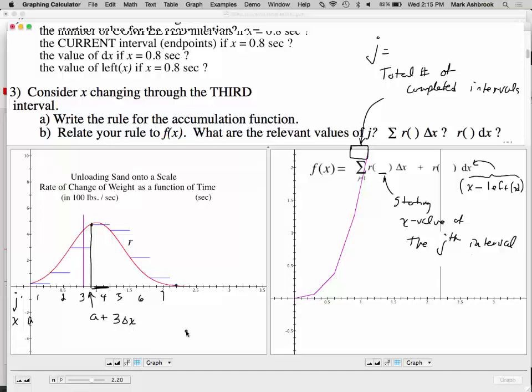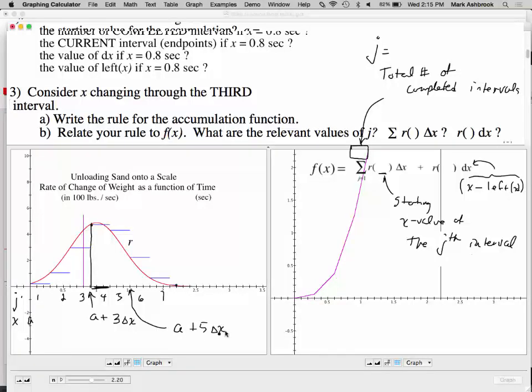Do you see it? If I start at a, whatever a is, and add 3 delta x's, I'll get to the left side of the 4th interval. And what if I want the left side of the 6th interval? It would be a plus 5 delta x.